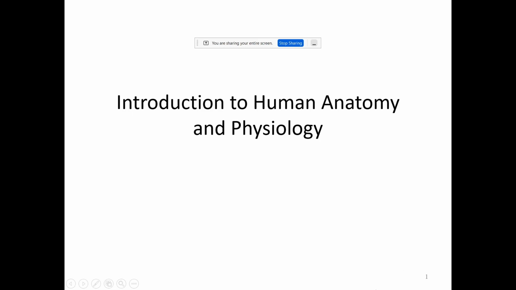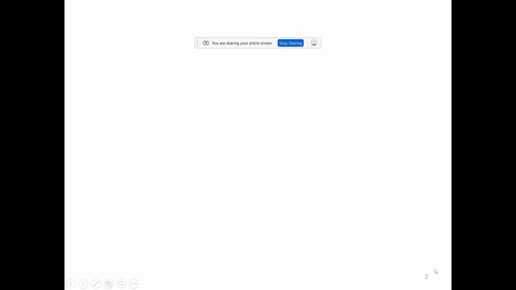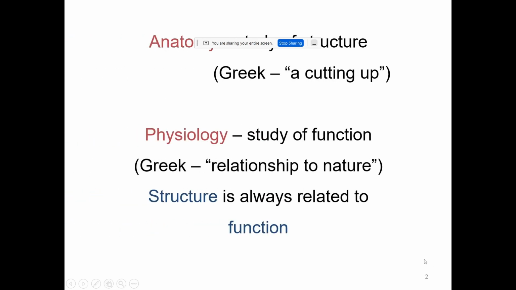The structural means how it is built and how it is formed. What are the structures? That is a structural concept. And the functional means what its use is, how we are using it, what its function is. That is the point you have to understand.